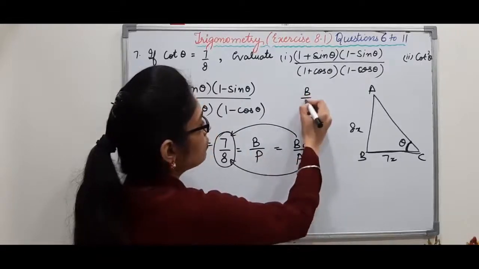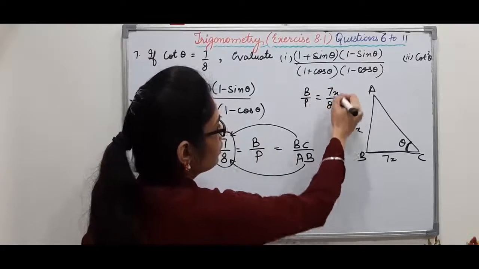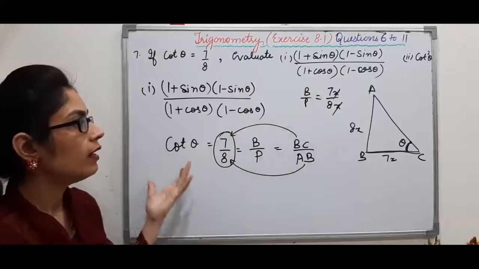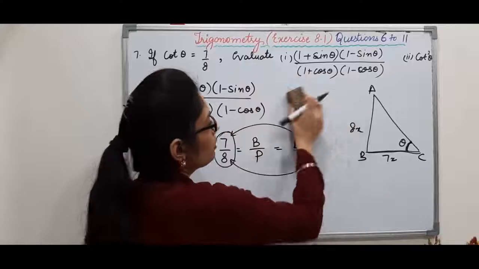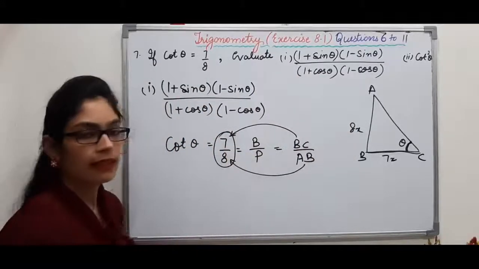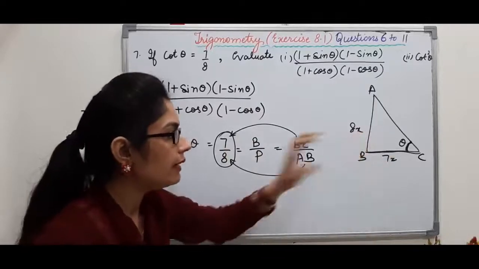When you write base by perpendicular as 7x upon 8x, the x and x get cancelled and you get cot theta equal to 7 by 8. So you have to assume 7x and 8x.